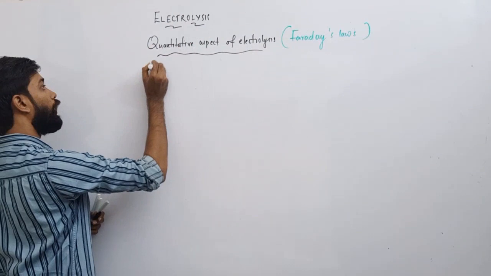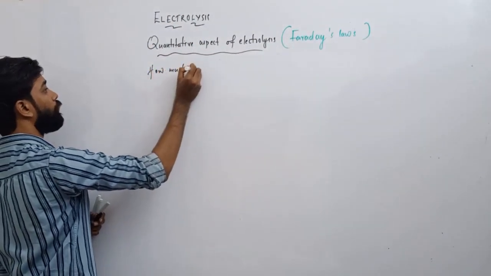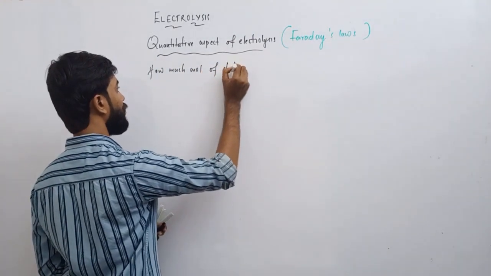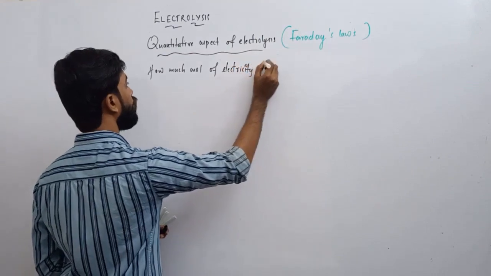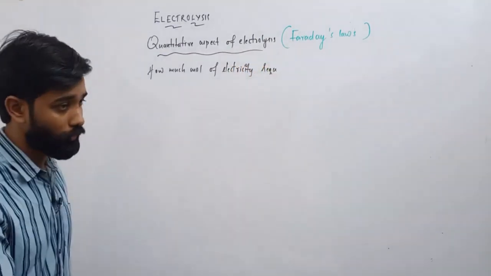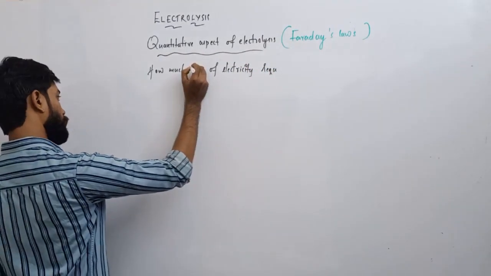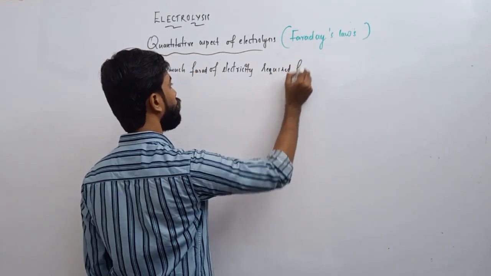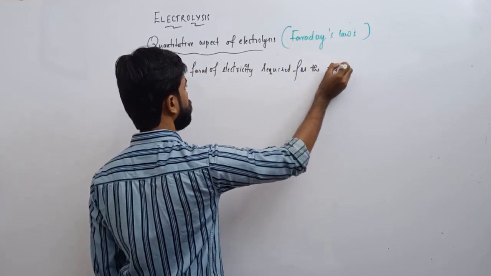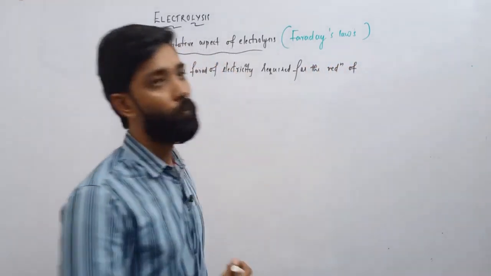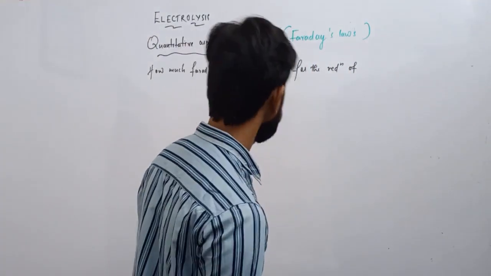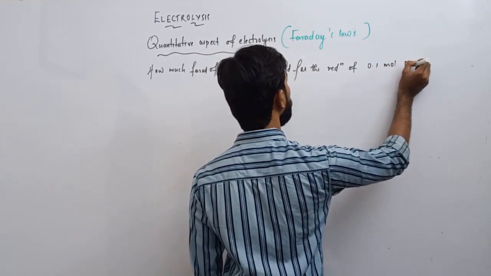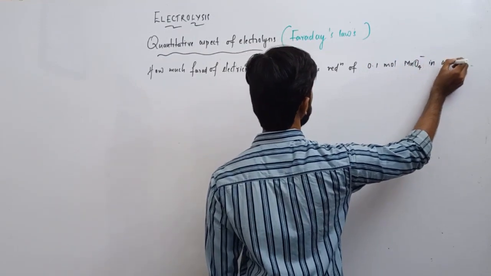That is, how much farad of electricity is required for the reduction of 0.1 mole MnO4 minus in acidic medium?